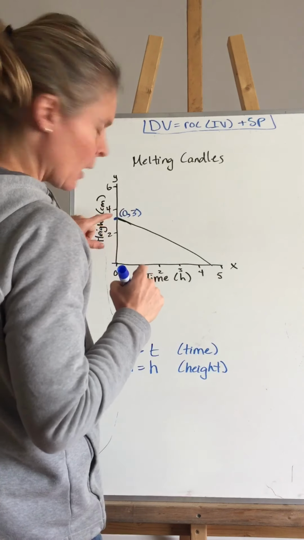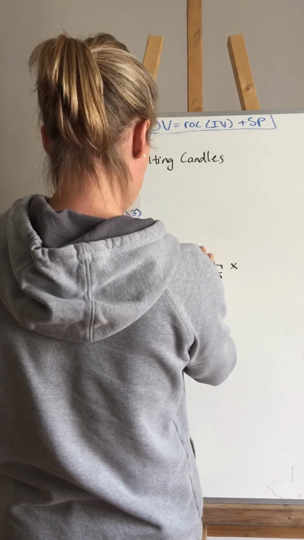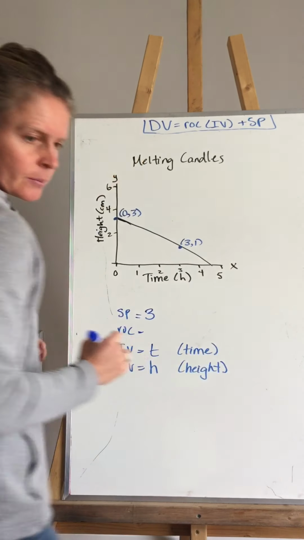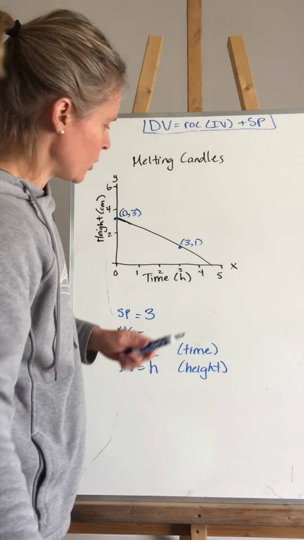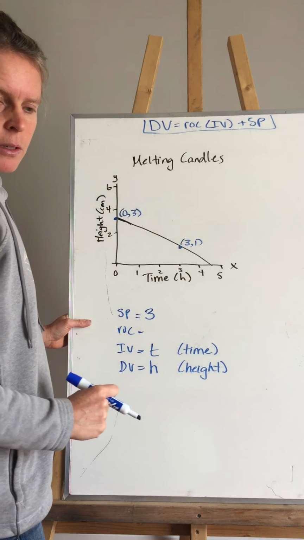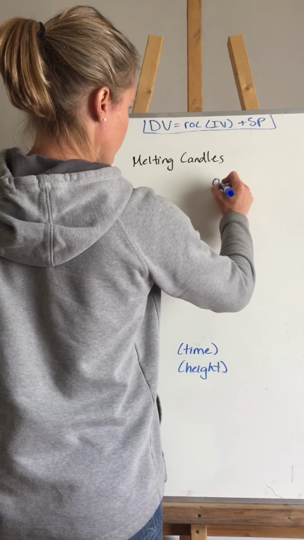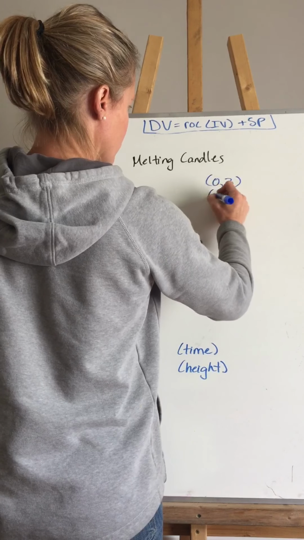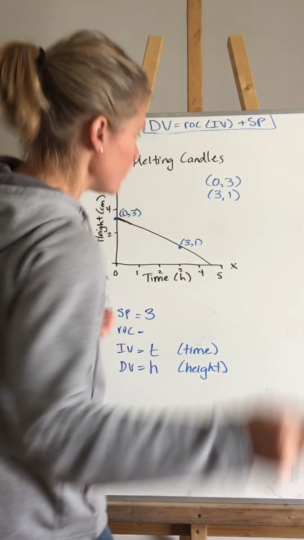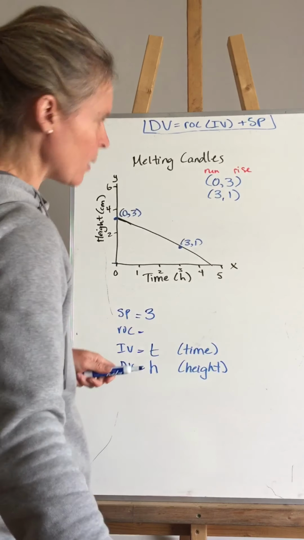Another point that looks nice on yours is 3, 1. I've done the best I can for this graph. So there are our two points, and I'm going to stack them: 0, 3, and 3, 1. I'll subtract these for my rise, and these two for my run.